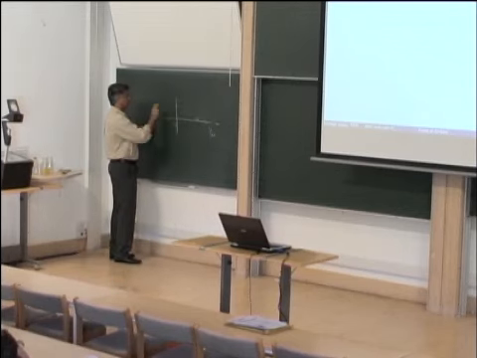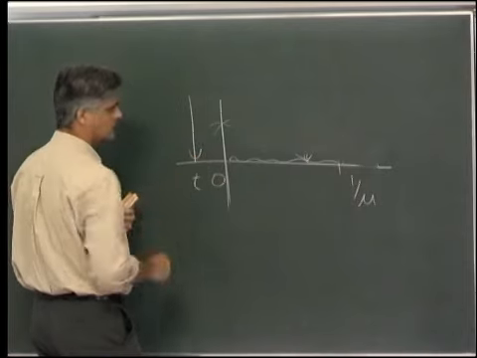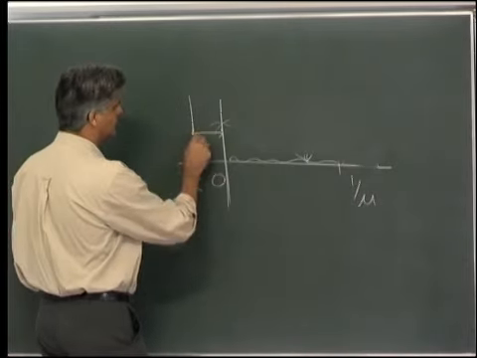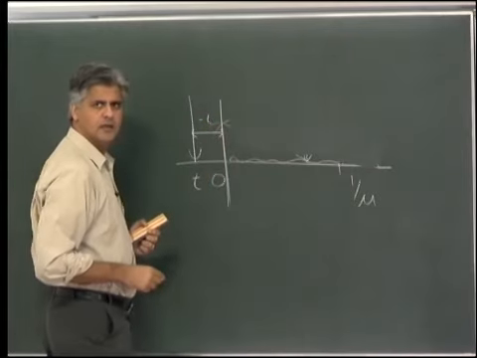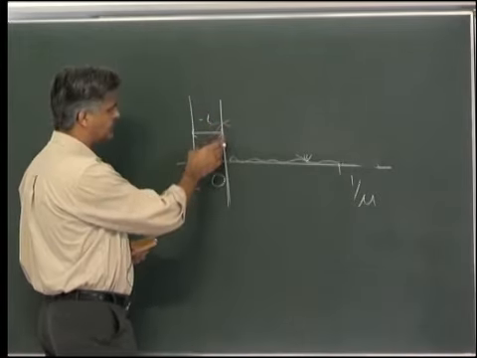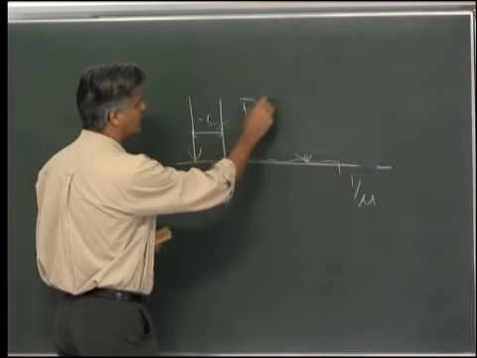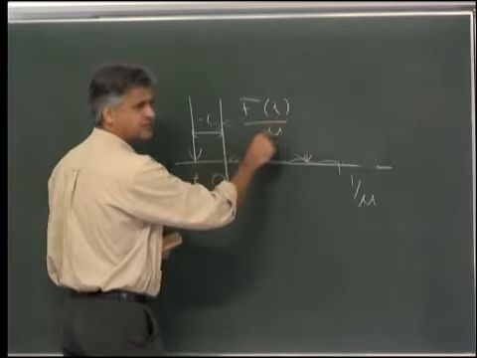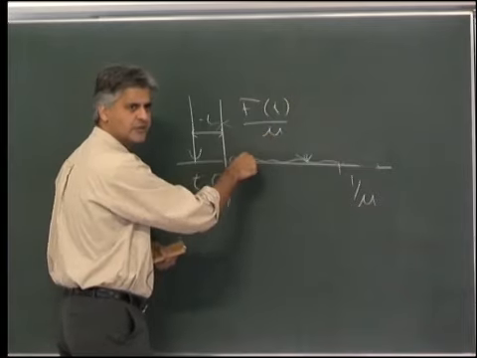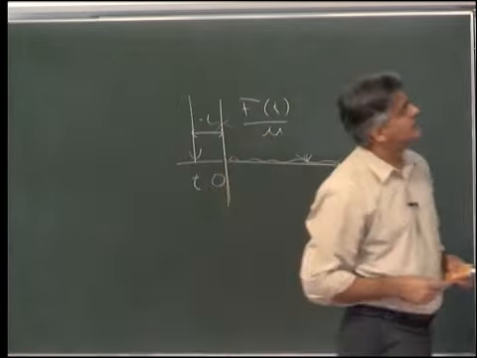Suppose I come at this time t, then I have to wait this much minus t amount. At this time service starts, and I have to wait for F(t) by mu people to get served before my turn comes. So my waiting time is going to be F(t) by mu minus t.